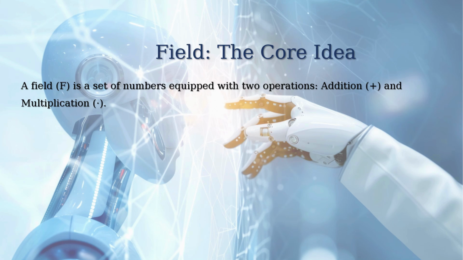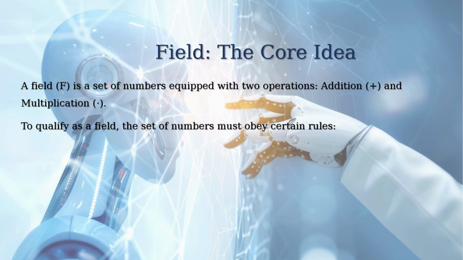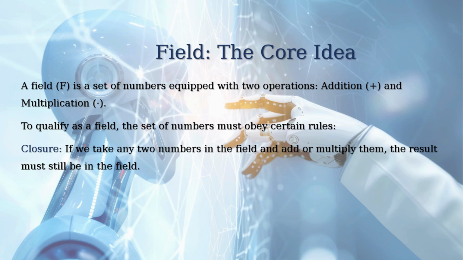Now, let's try to understand field. A field is a set of numbers equipped with two operations, addition and multiplication. To qualify as a field, the set of numbers must obey certain rules. Number 1. Closure.